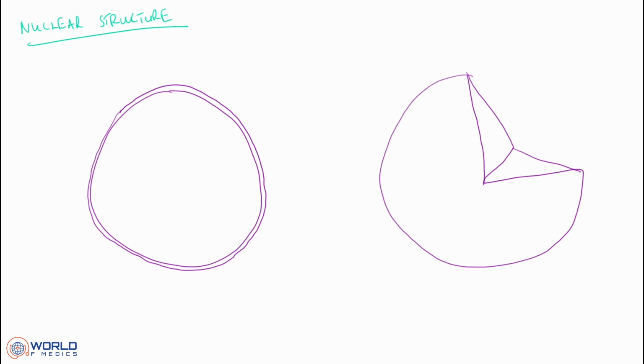We're going to start from further out. And we've got this structure here, which if we draw this in, it looks like some sort of a cavern or a matrix. And this is our rough endoplasmic reticulum, RER for short.